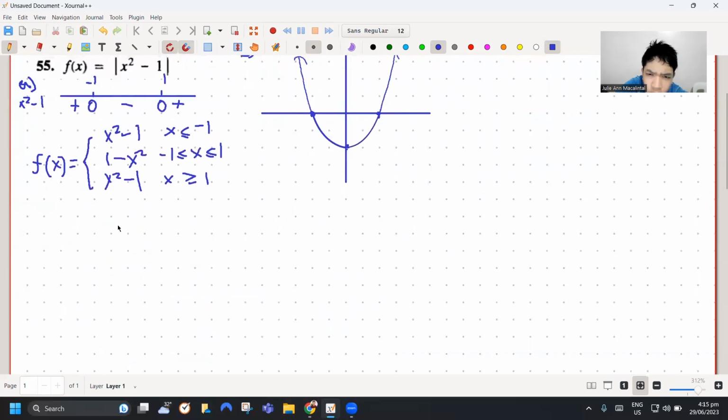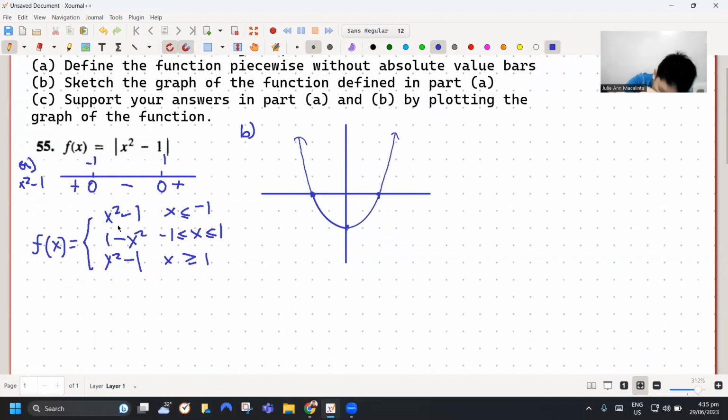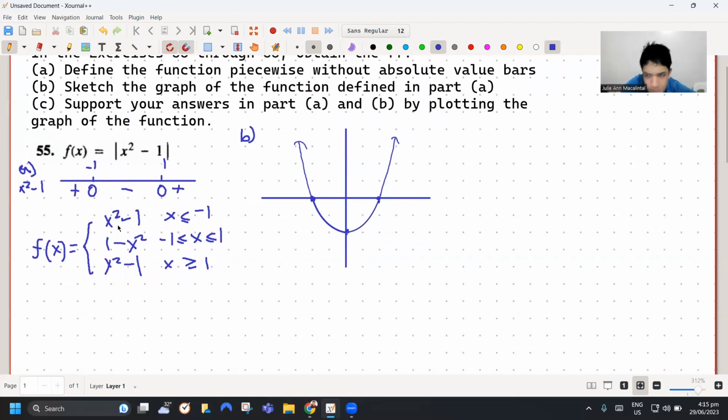Yung sinabi lang, so sa part B, we're still sketching absolute value of x squared minus 1.